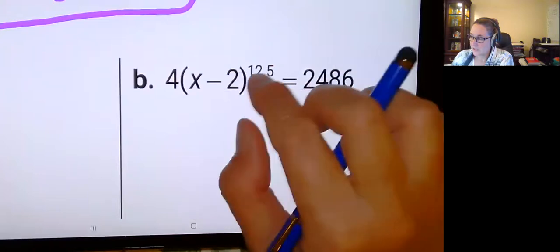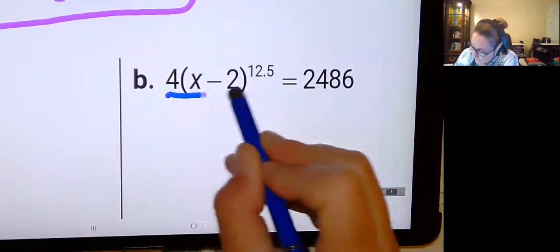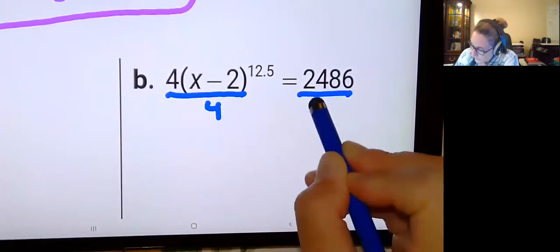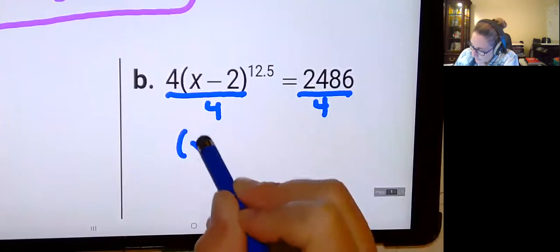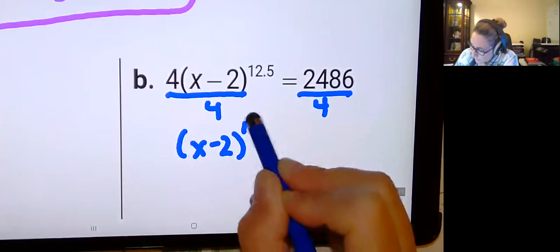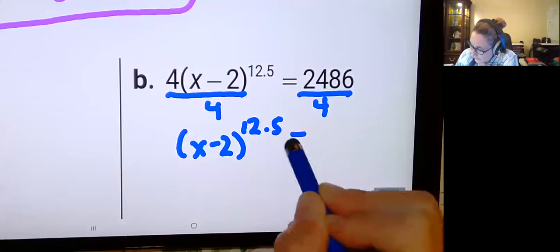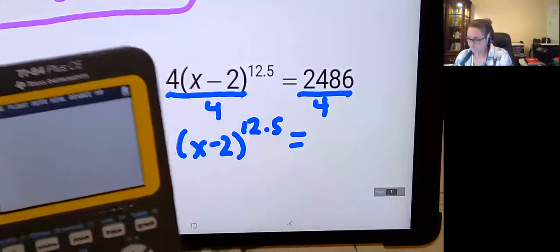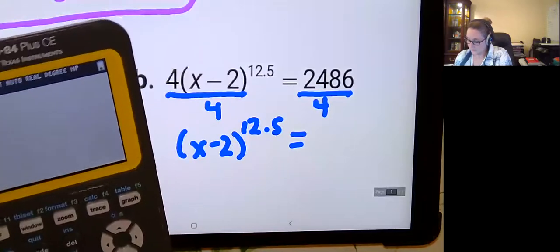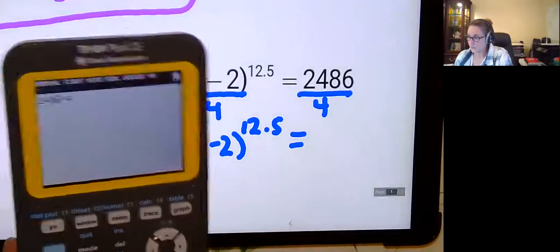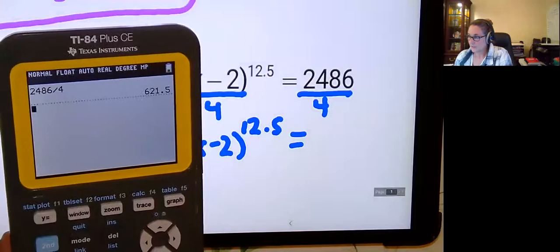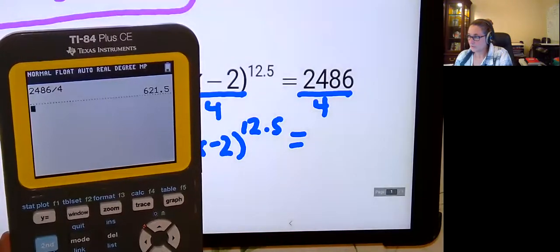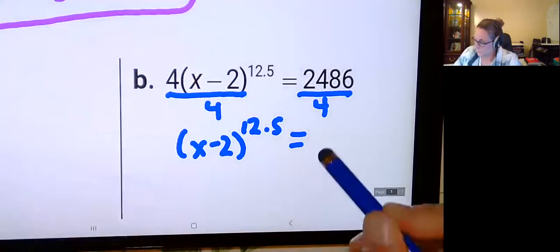I need to isolate this, so I'm going to divide by 4, and divide by 4. And I'm going to get x minus 2 to the 12.5 equals, and let me do that math. 2486 divided by 4, I get 621.5.